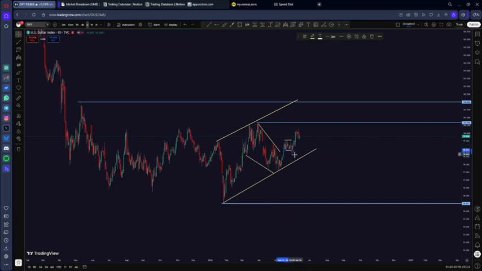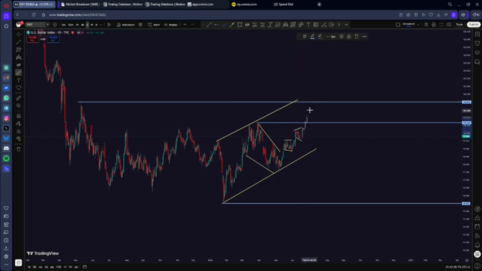This is the correction. We then created the second impulse of the structure. Right now it's not clear on the daily, but we'll zoom in onto the smaller time frame. It's also creating another correction here, which is eventually gonna pull as an impulse.